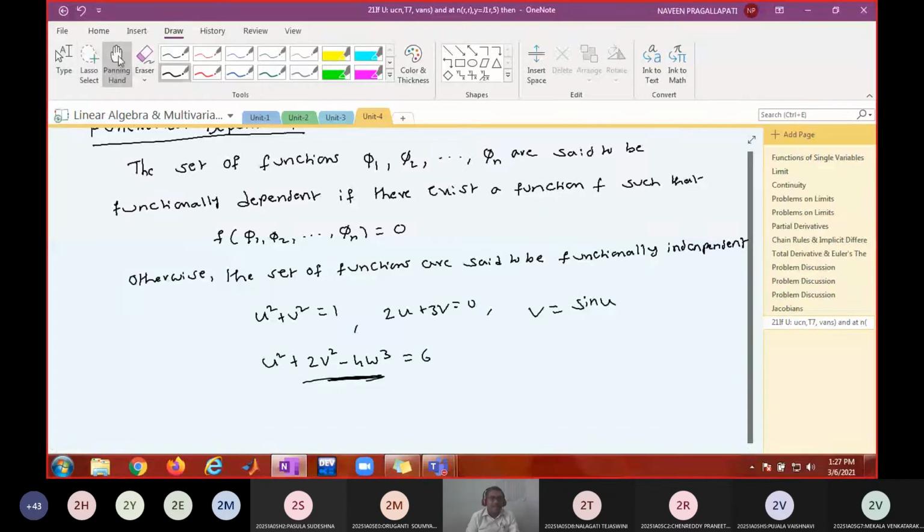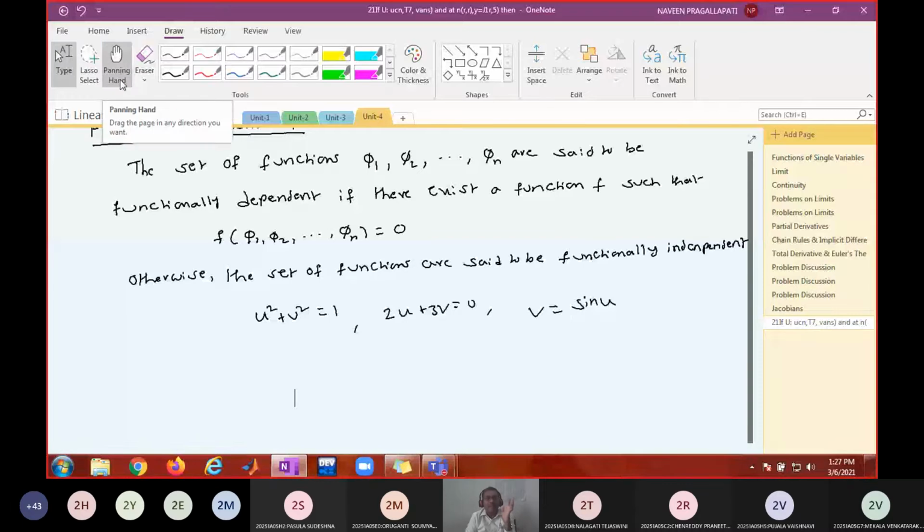Is that okay? Remember, functional dependency is different from linear dependency. In these 3 relations, which one will you call linear dependent? The second case. Linear dependency means what? One function must be a constant multiple of another function, or a given function must be a linear combination of the remaining functions.